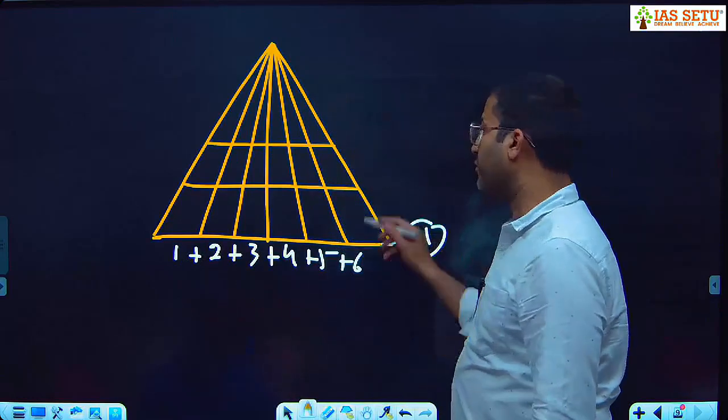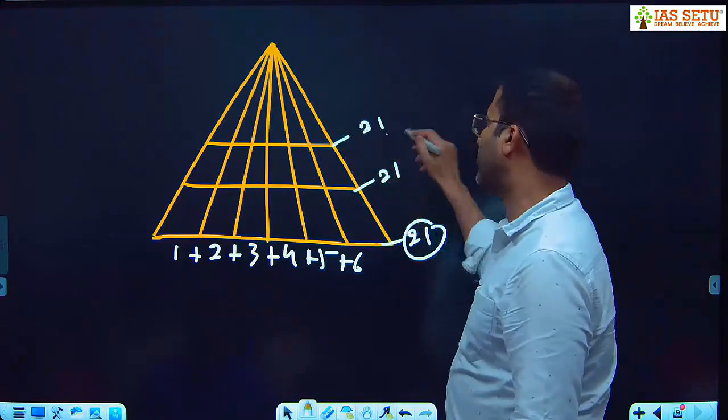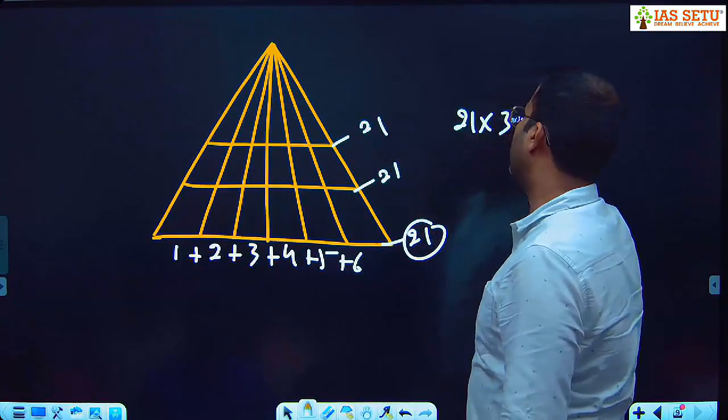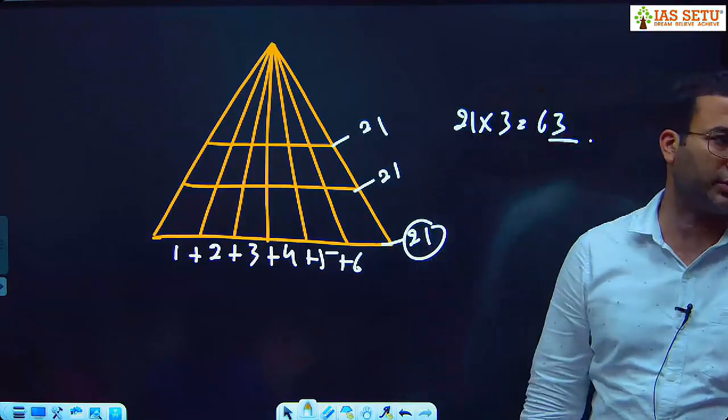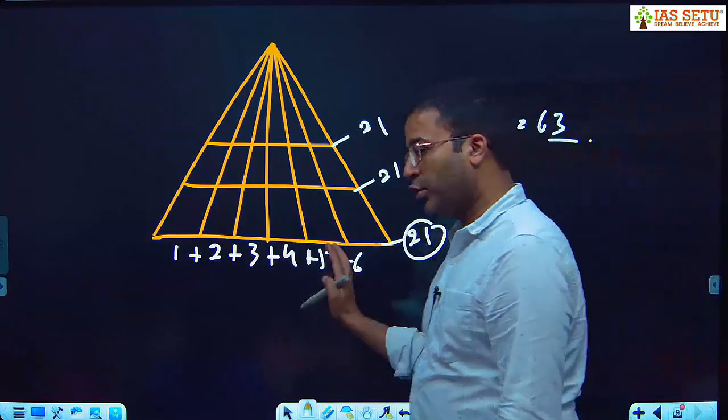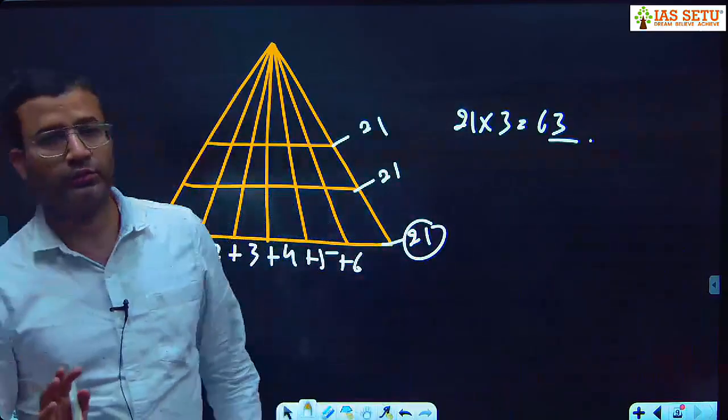At this level, we have 21 triangles, 21, 21, or you can say 21 into 3, 63. In this given figure, total number of triangles are 63. Any doubt in type 1, type 2? All of it clear?